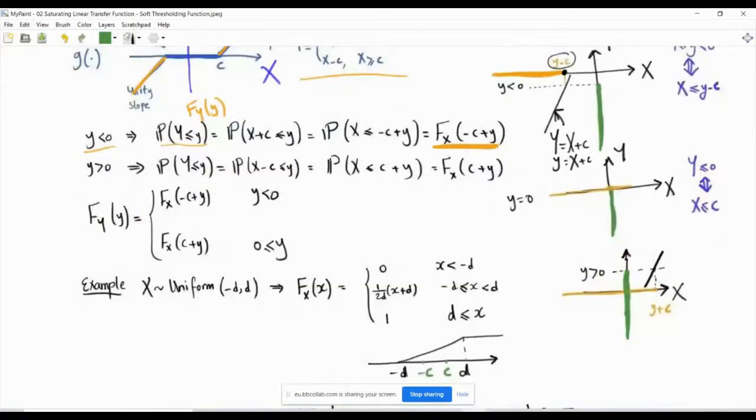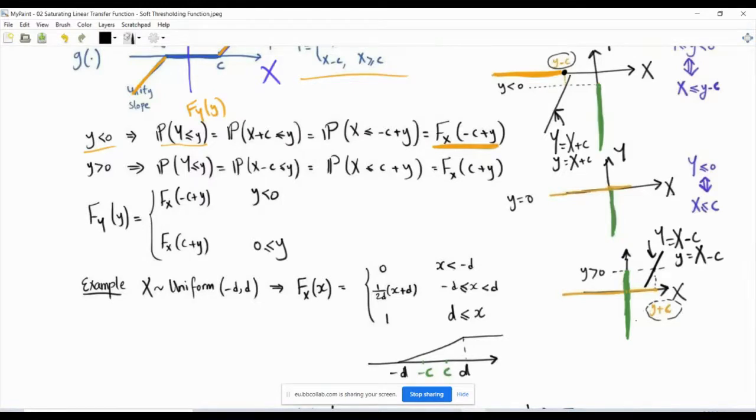So small y is equal to x minus c, and so big X is y plus c.